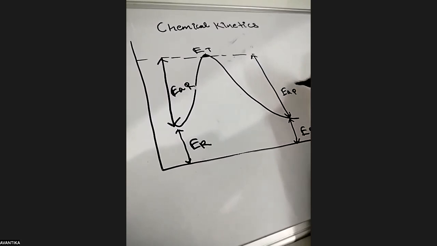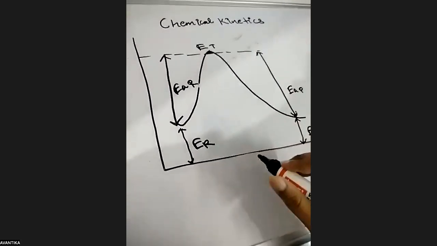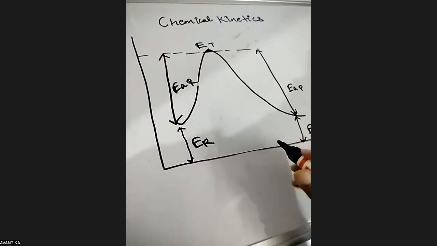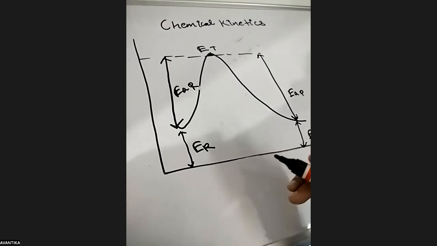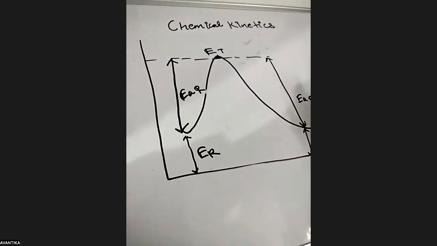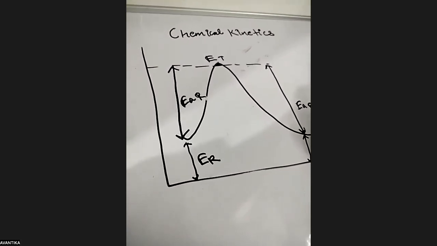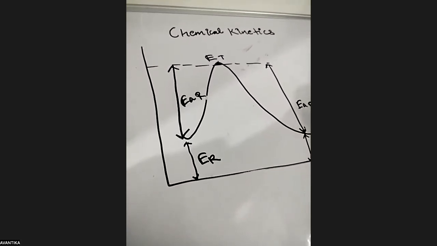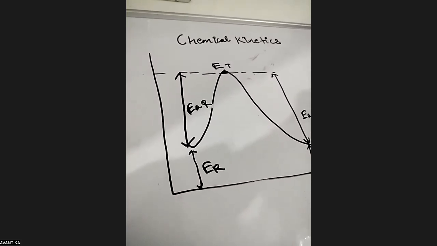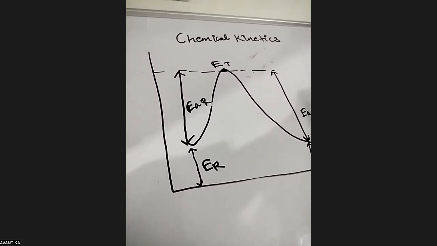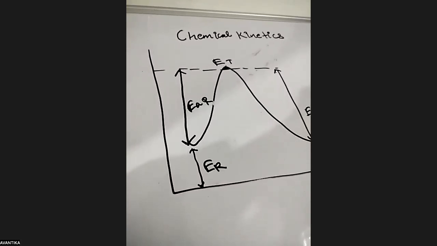If we draw the graph of an endothermic reaction, then the energy of reactants is less than the energy of products, and the activation energy of products will be less than the activation energy for reactants.